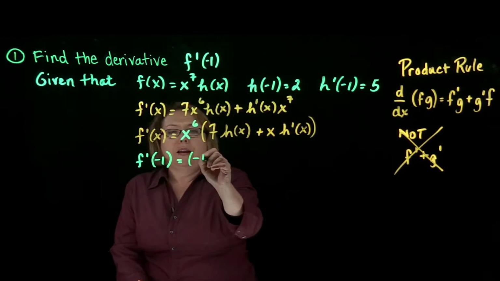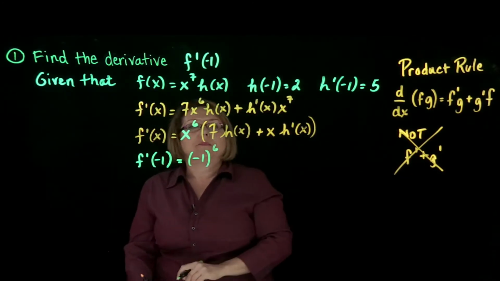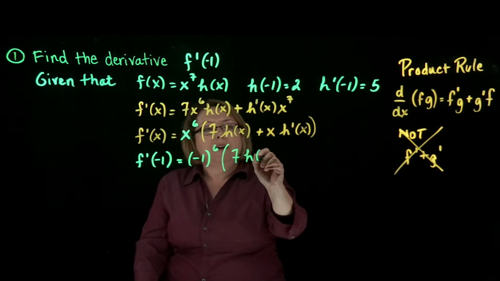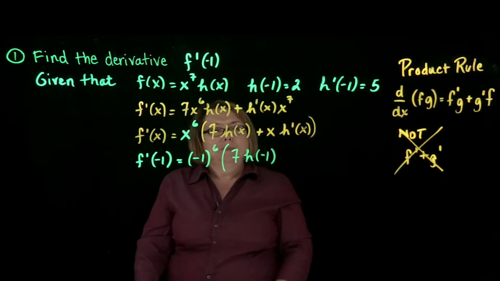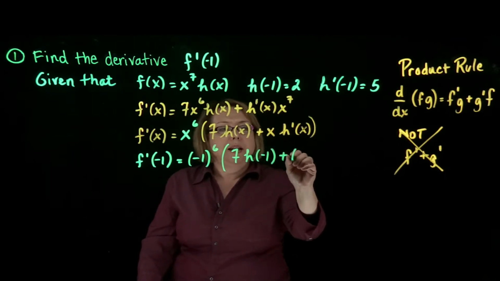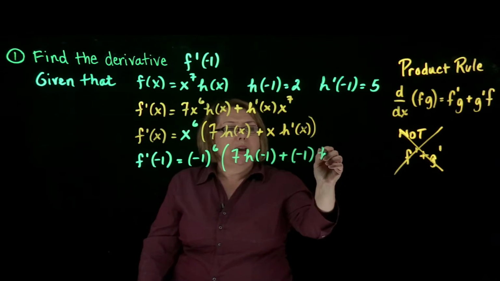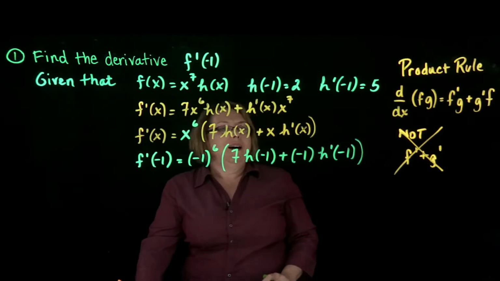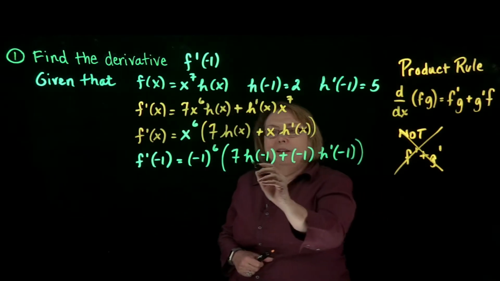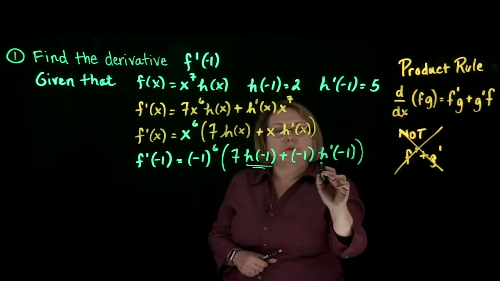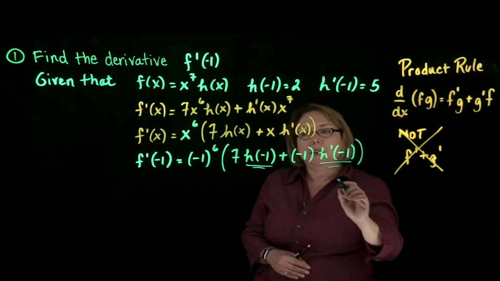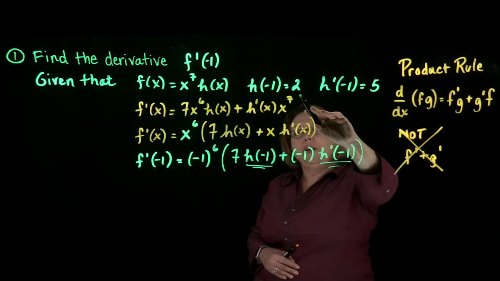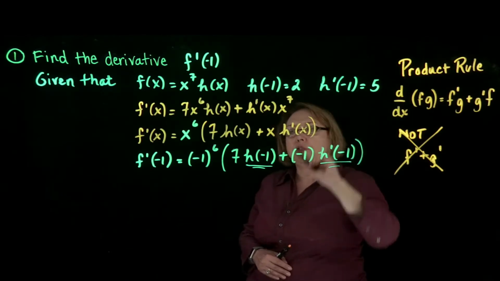So I'll have here negative 1 to the 6th power times 7 times h of negative 1 plus negative 1 times h prime of negative 1. Okay, so it looks like we don't have too much left to do, because what I just underlined are things that we were given. So fortunately, we know that h of negative 1 is 2.